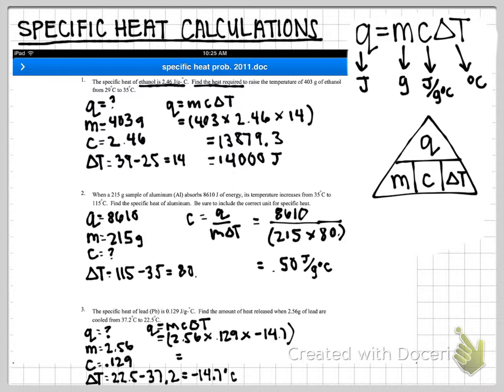Your answer would be negative 4.85 with 3 sig figs. And since you're solving for Q, your answer would be joules.